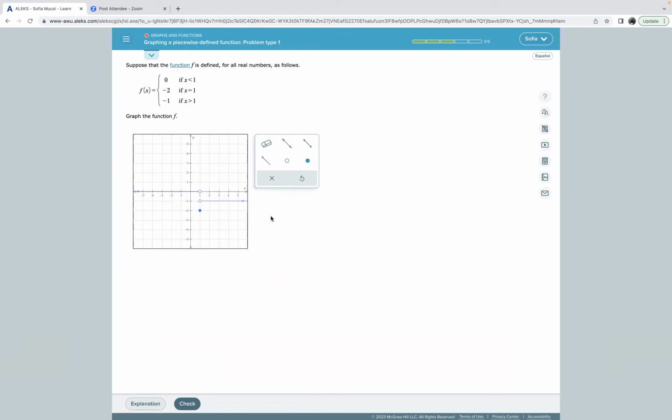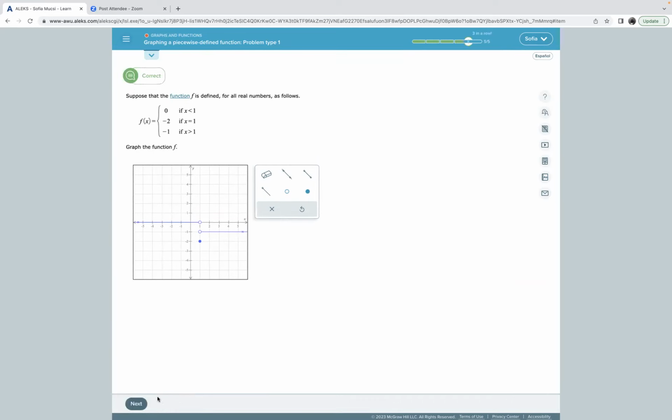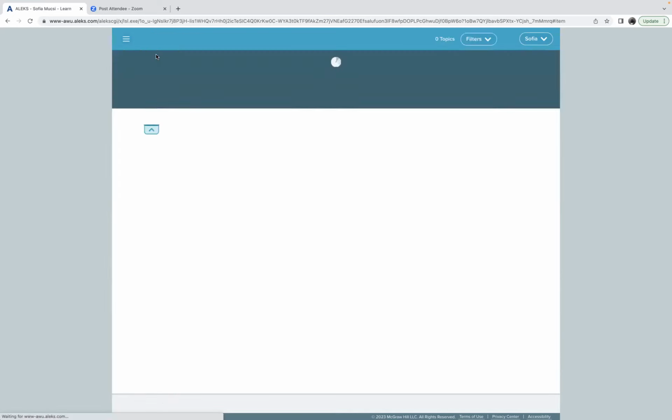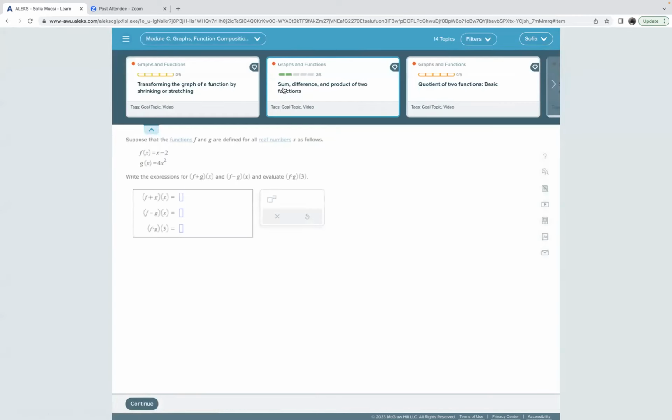Okay, yeah, looks good. And use the ray tool on that second one. I'm pretty sure here, I can just double check. Okay, that's one almost done.